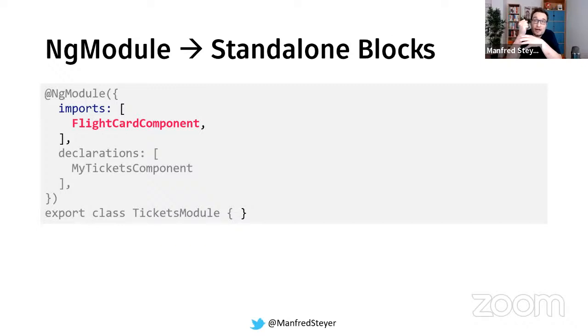One component can only belong to one module. And that means that the module is the owner of the component. But this is not the case with standalone components. With standalone components, there is no owner of the component. No, the component is self-sufficient. However, we can reuse the component here and there, and that's why importing it is the right way of doing this.